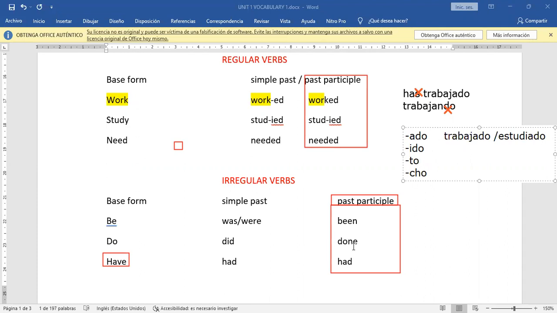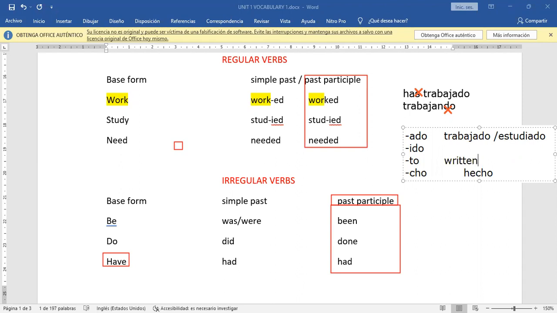What does done mean? Hecho. The past participle of write. Write is the base form.